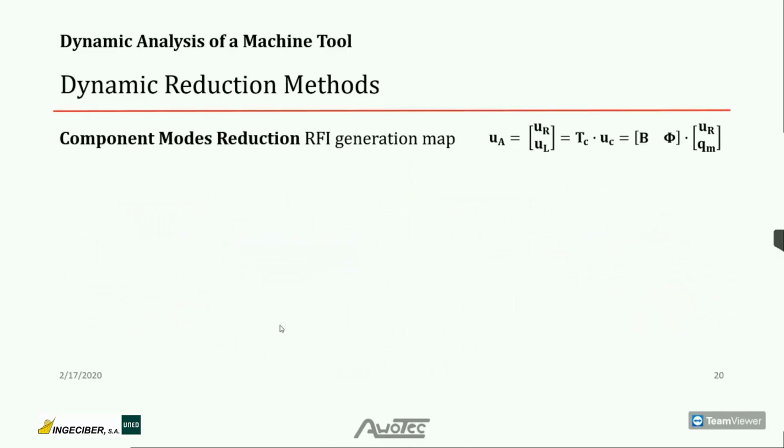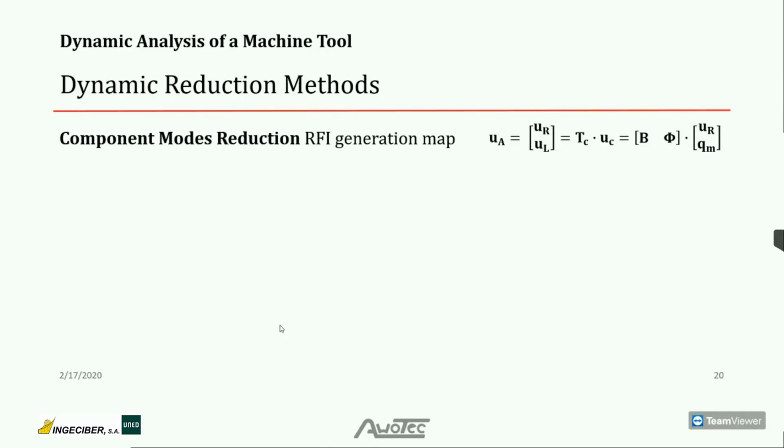Okay, we prepared the model for the subsequent analysis in the multi-flexible body dynamics analysis, and as I mentioned before, to include the flexibility of the structure, the so-called modal reduction or dynamic reduction has to be done.